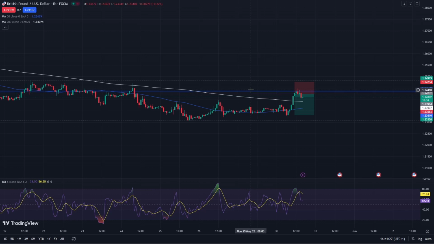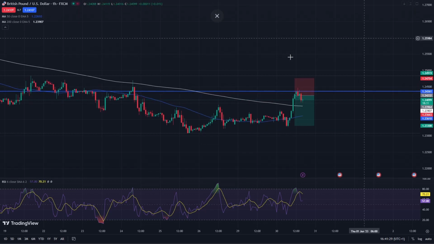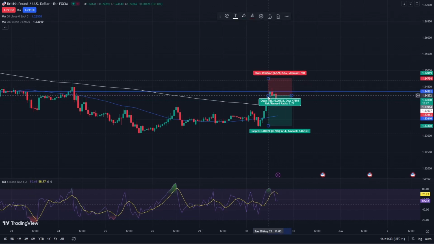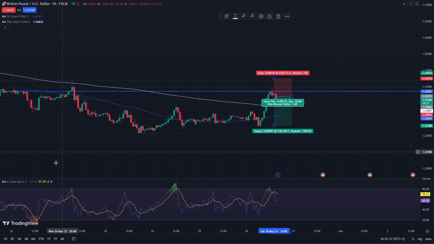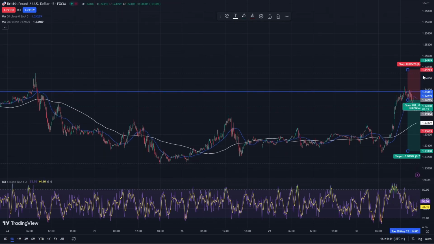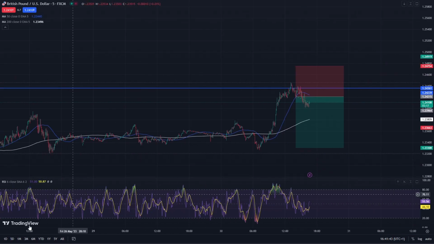And then we need a confirmation. The confirmation that I waited for was based on the lower time frames. I placed my trade around this green candle, if I remember correctly. I can't be 100% sure, but let's go down to the 5 minute and just to confirm on the 1 minute. Actually, it was okay.